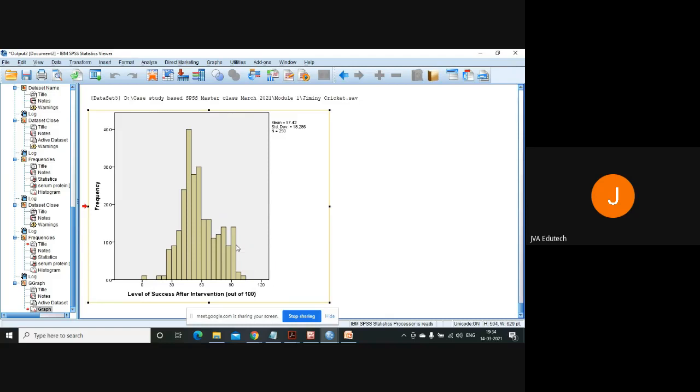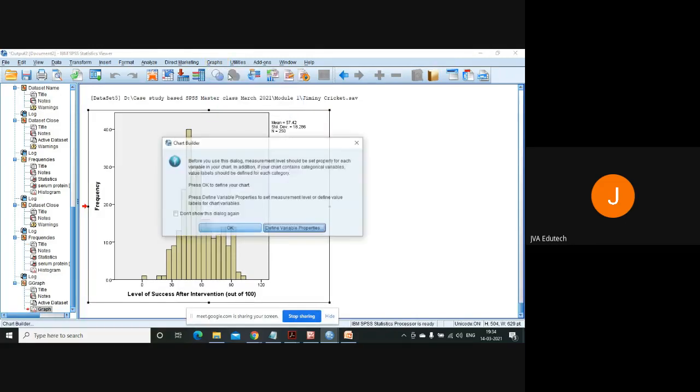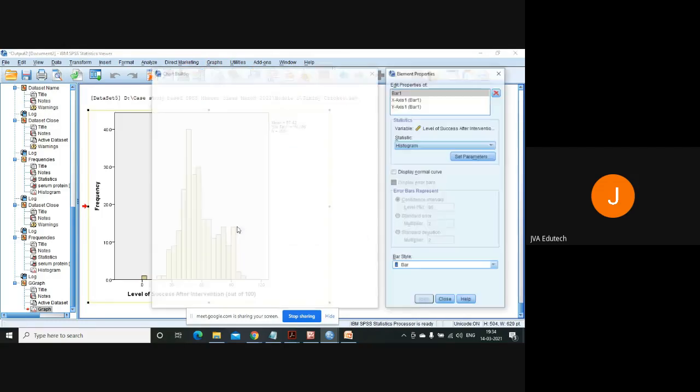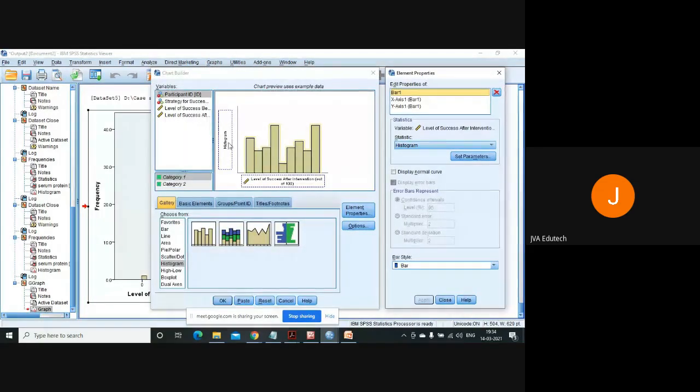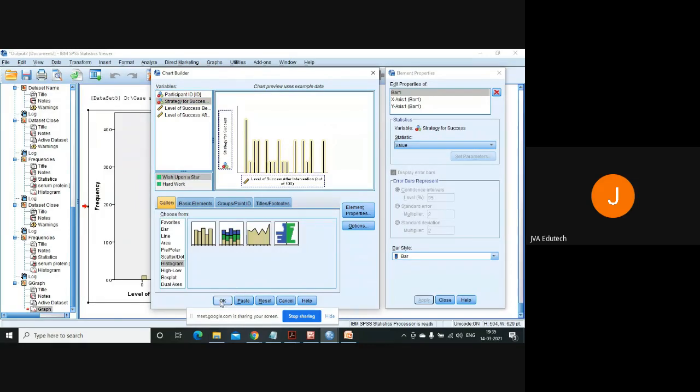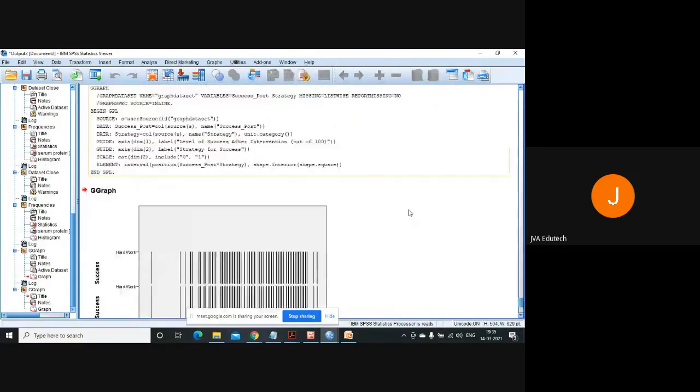So now if I put in my chart, this y-axis also I take. So in the Graphs Chart Builder, I already had this strategy for success divided into two groups. Let me plot it on the y-axis and now select OK.